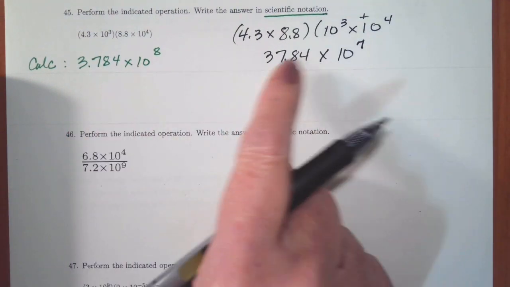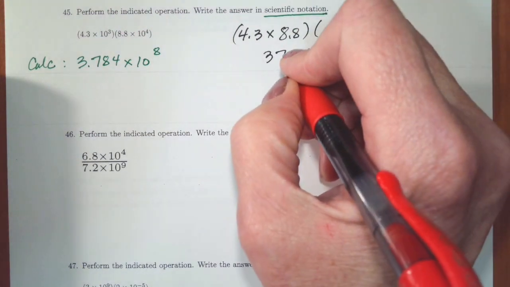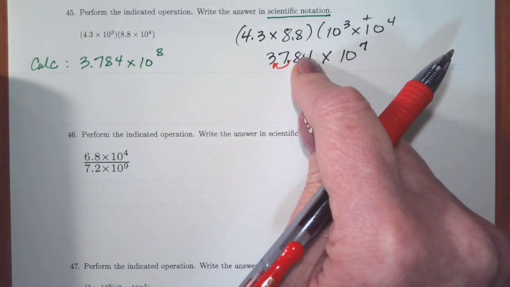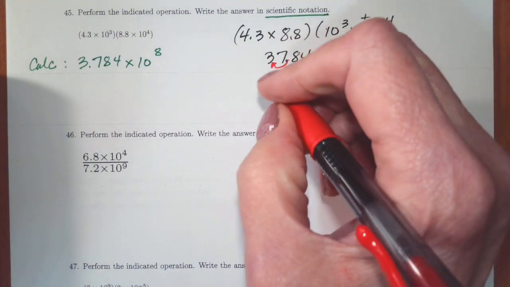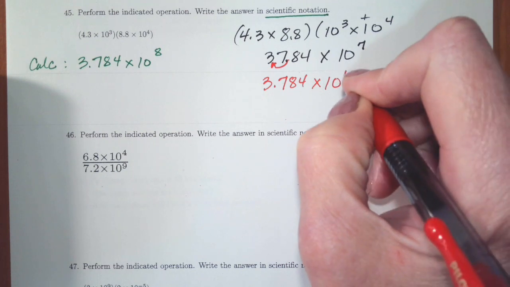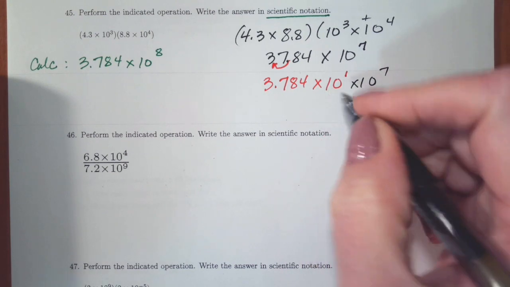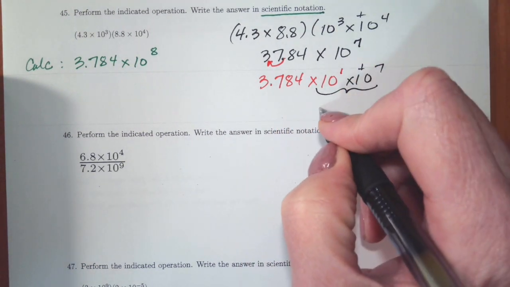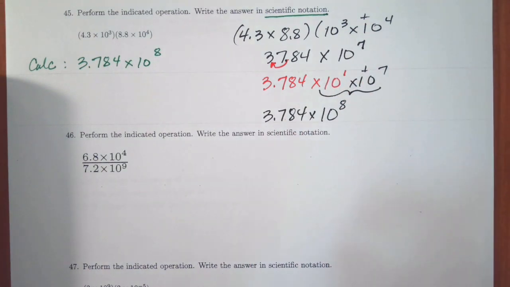Notice these are close, but this is not in scientific notation. I need to move this over one place. Since this is larger than 10, I'm going to have to move it to the left. So this becomes 3.784 times 10 to the first times 10 to the 7th. And then this, I add my exponents, becomes 10 to the 8th. So this is 3.784 times 10 to the 8th.